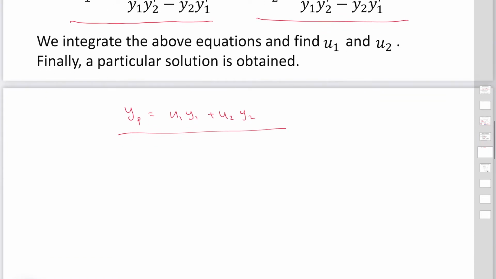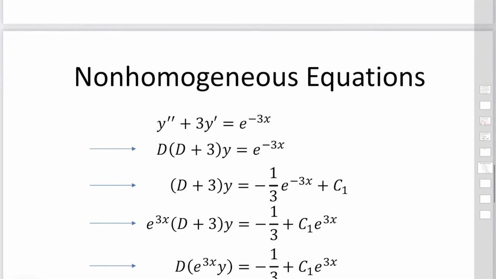Once you have a particular solution, the general solution is c sub 1 y sub 1 plus c sub 2 y sub 2 plus the particular solution. This is the general solution. If you have a difficult time finding the form of the particular solution, you should use variation of parameters to find a particular solution.